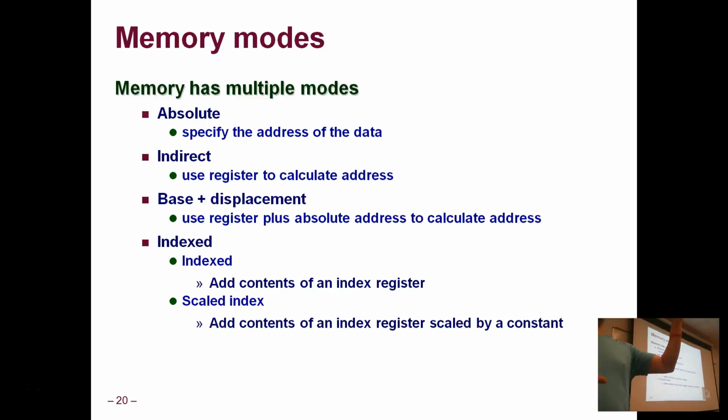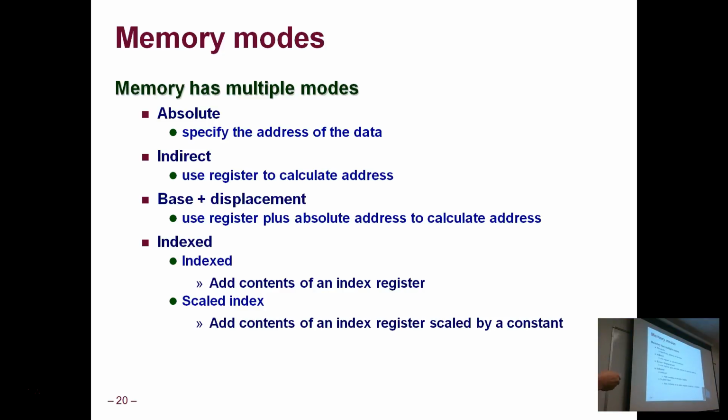I need a way of generating that address in one instruction, preferably in one or two instructions. I don't want to be sitting there calculating addresses with 3 or 4 instructions and then accessing memory. So what memory modes allow you to do is all those address calculations in one step, or maybe 2. This is what memory modes are for, and it's what motivates having these things.